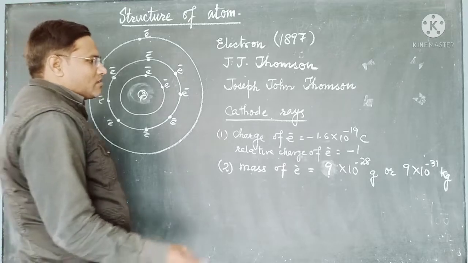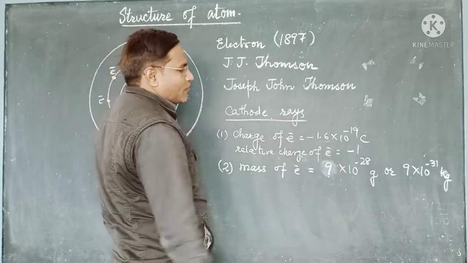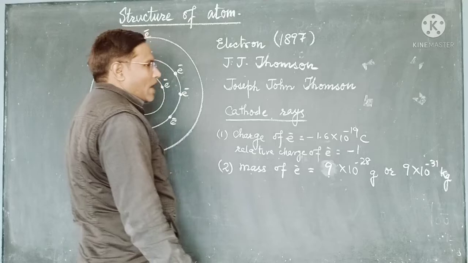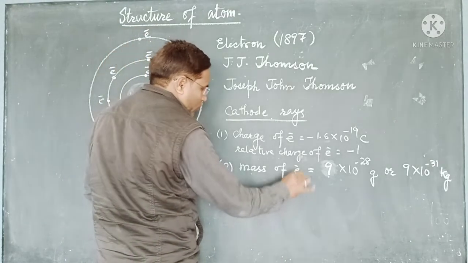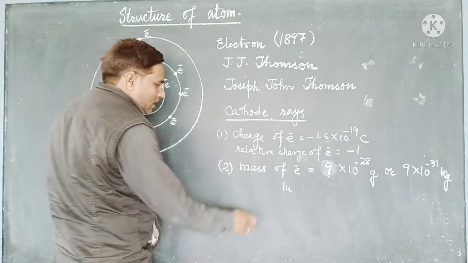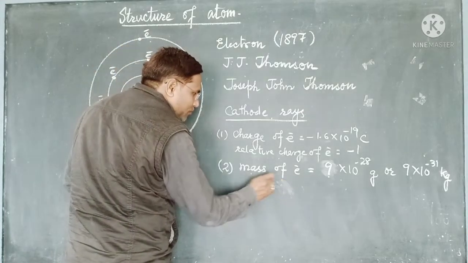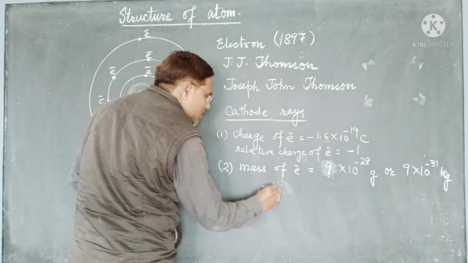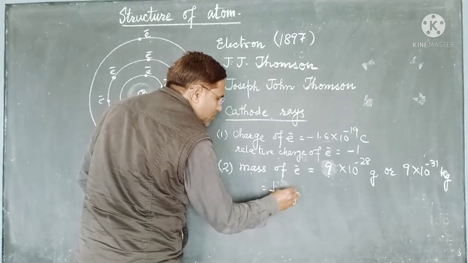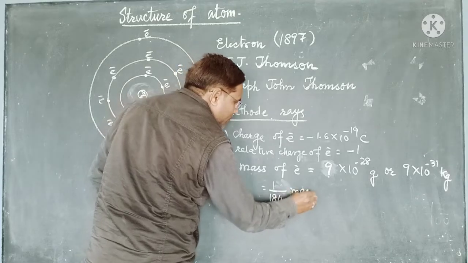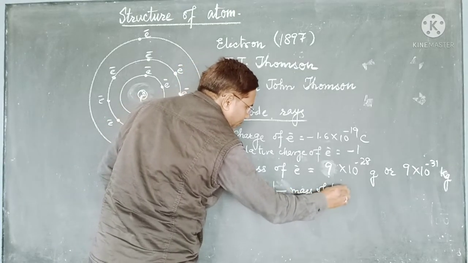Now we can see it in comparison to hydrogen. The mass of hydrogen is taken as 1 u, and the mass of an electron is taken as 1 by 1840 times the mass of a hydrogen atom.